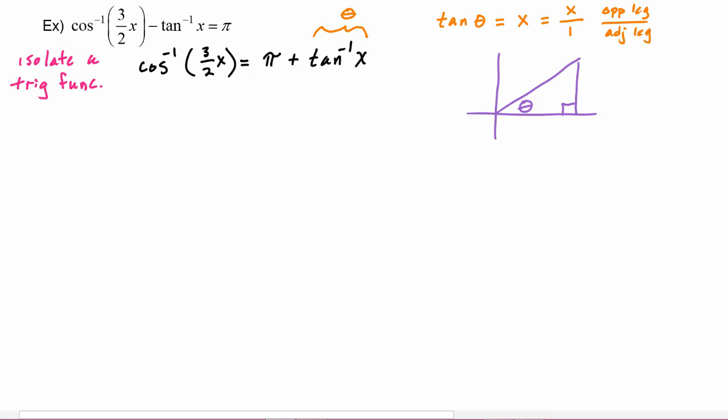So when we mark our picture, we would mark this leg with an x and this leg with a 1. We know that the hypotenuse, or r if we want to call it, will be the square root of x squared plus 1, so we can label that on our picture.